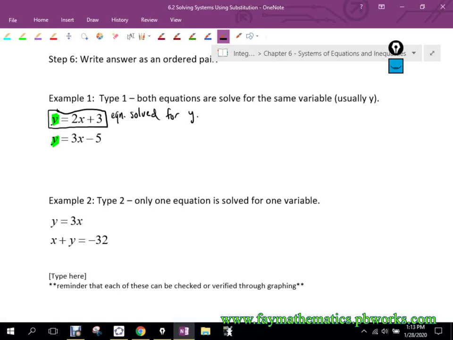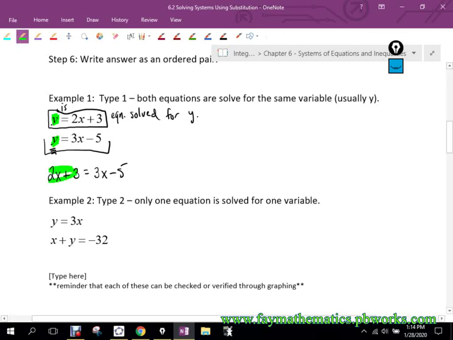And where you see y in your other equation, which would be this right here, you are going to replace it with what your other equation told you y was. Doesn't this say y is 2x plus 3? So you're going to rewrite this equation on the bottom. Instead of saying y equals 3x minus 5, you're going to write 2x plus 3 equals 3x minus 5. Does that make sense?